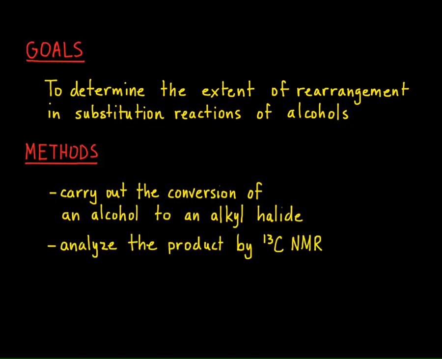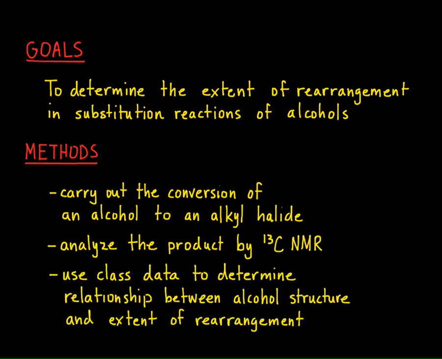You will then determine your product by taking a carbon-13 NMR and observing the number of signals that arise. This will indicate the product or products that formed, due to the fact that different alkyl halides yield a different number of signals. Lastly, you will use class data to determine the relationship between alcohol structure and the extent of rearrangement.